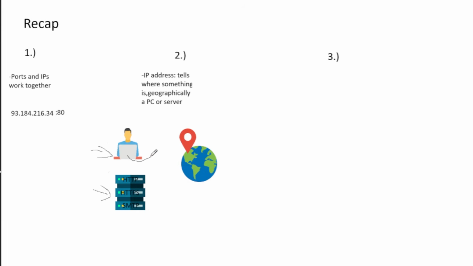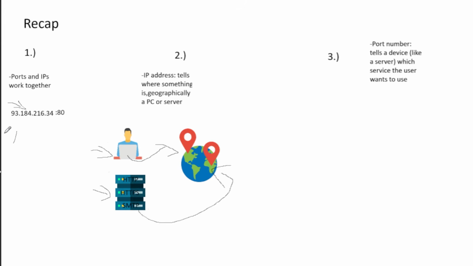In our example, our PC and the server are located in different places around the world. And lastly, a port number tells a device, like a server, which service the user wants to use. In our example, the IP address tells us where the server is located, its place on Earth. The port number tells us which service should be used. Port 80 is connected to this IP address, so we know the user wants HTTP.